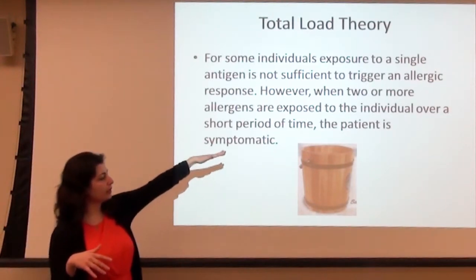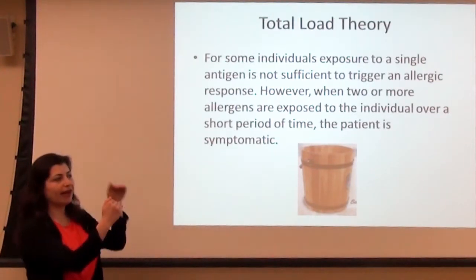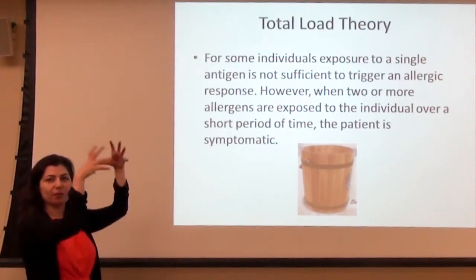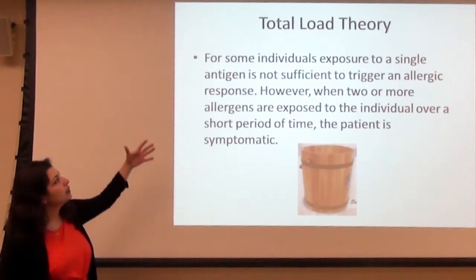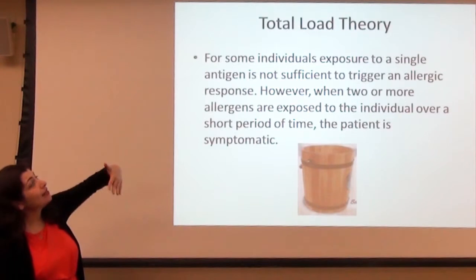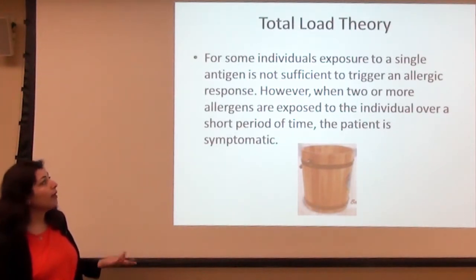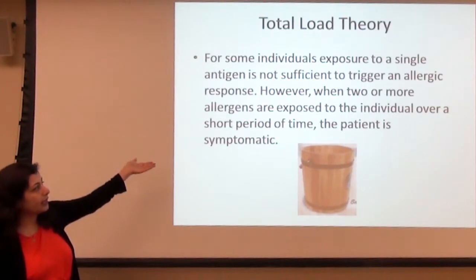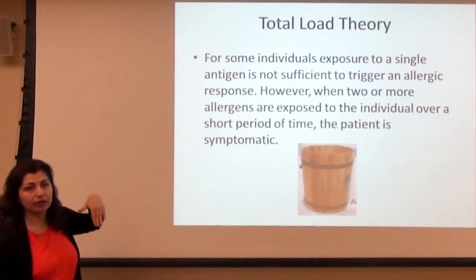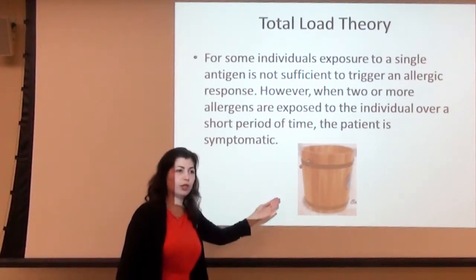So the total load is kind of like a bucket where one factor and another factor lead the barrel to overflow. For some individuals, a single exposure to the antigen may not be a problem, but if it's two or more, it suddenly leads to symptomatic release, as if the bucket is overflowing.